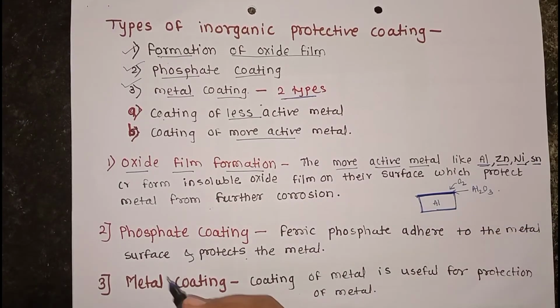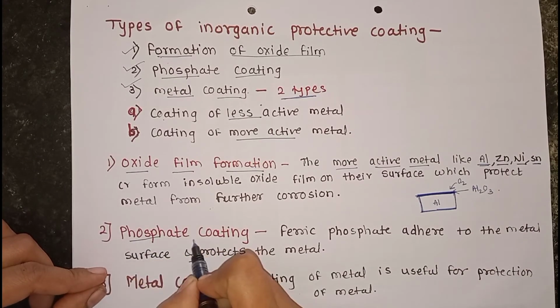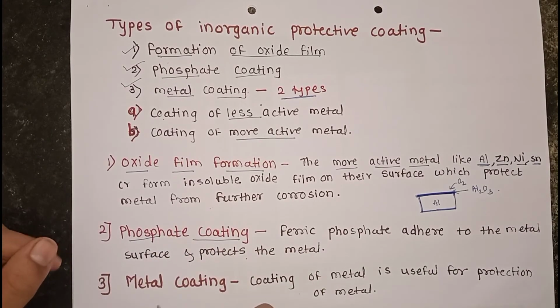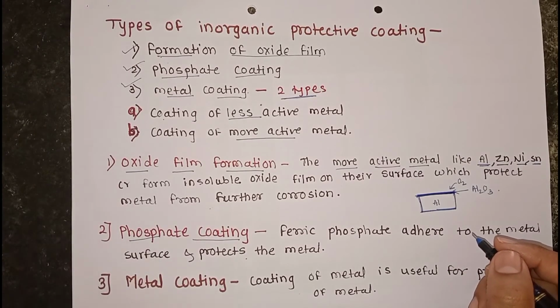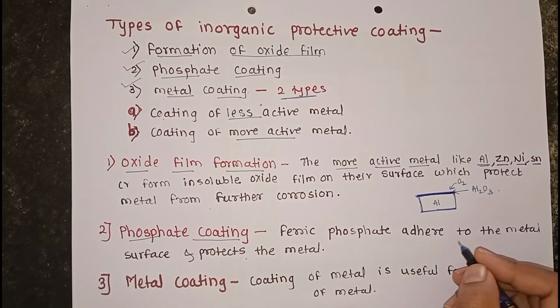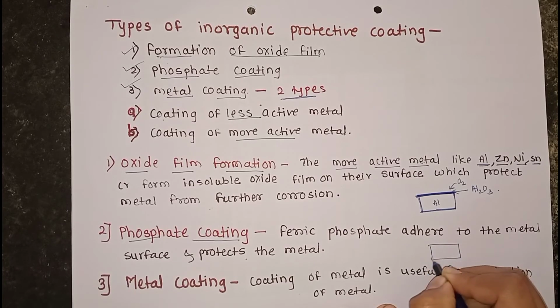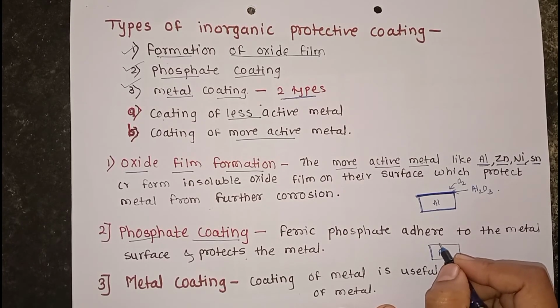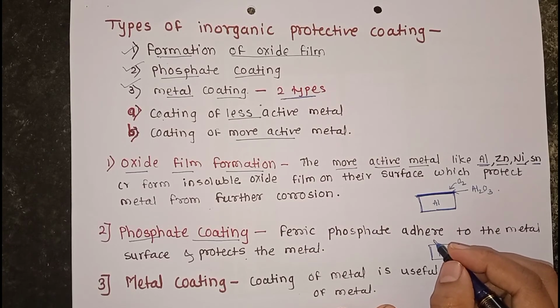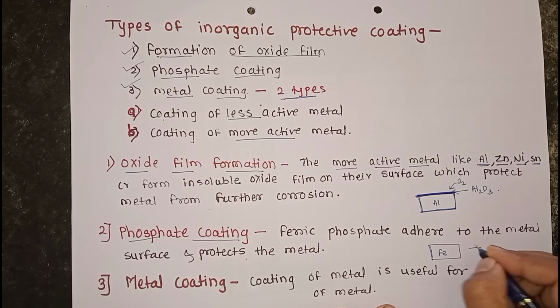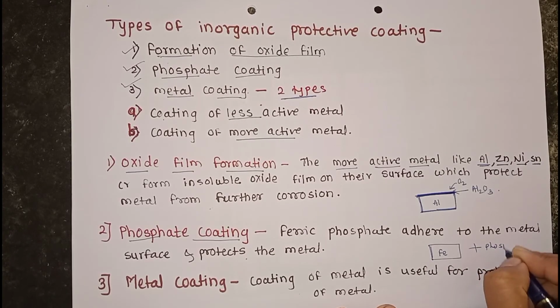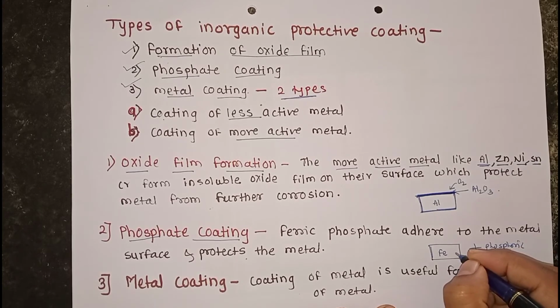Okay, the second type is the phosphate coating. In phosphate coating, insoluble ferric phosphate is formed on the surface of iron. For example, we take a piece of iron and dip it in phosphoric acid.